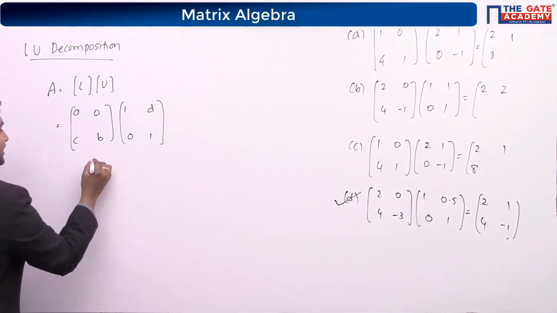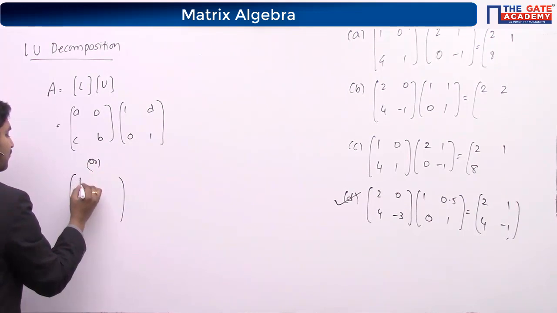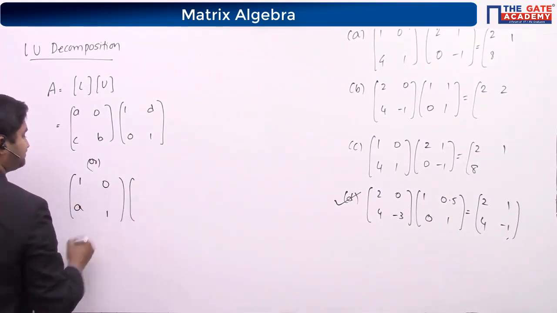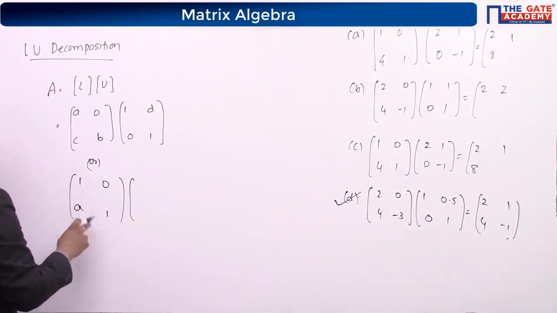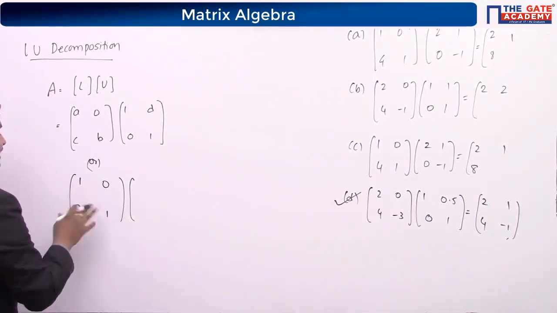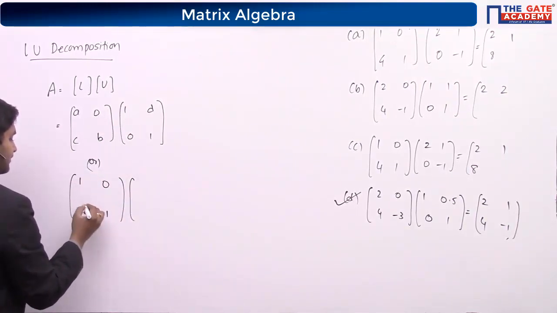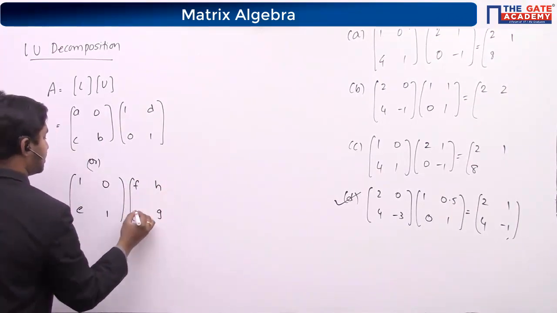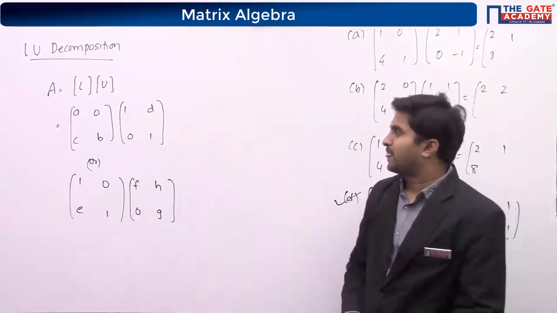This is one way of writing it, or we can also write 1, 1 over here, 0, A. This A and this A are not the same, they are different. If you want, I can write it in a different way also: E here, and then F, G, H, and 0.